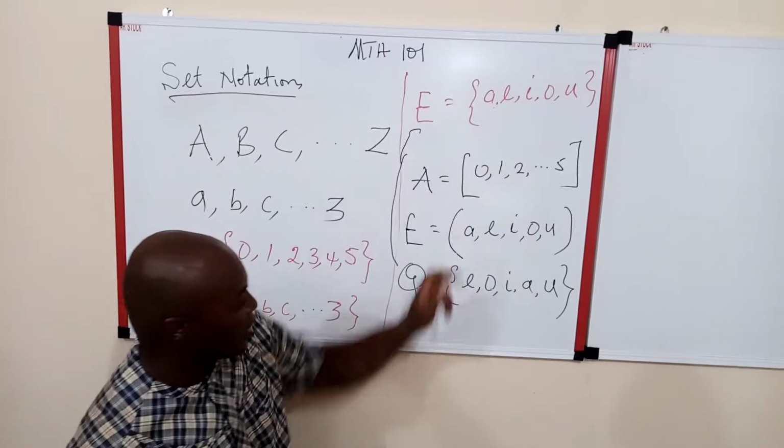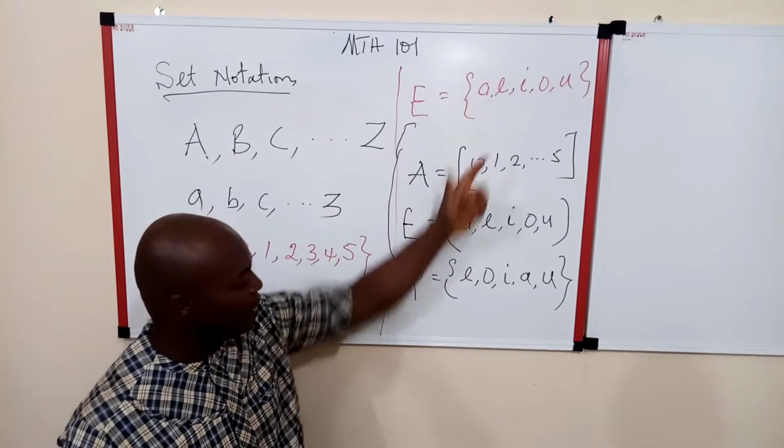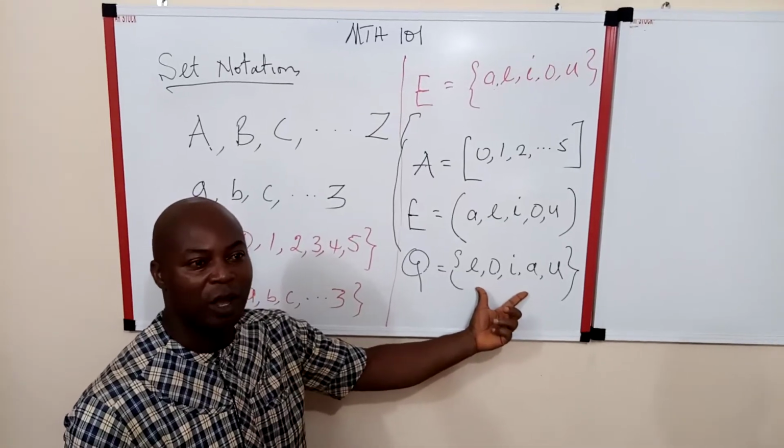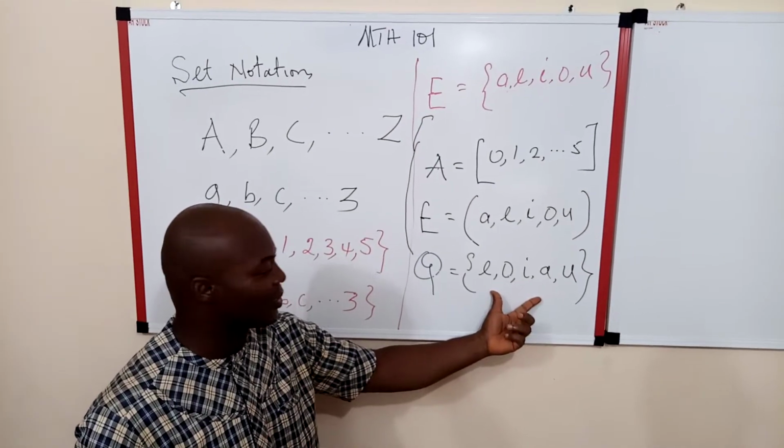E is here because it's a collection of all the vowels. And this one, if you look at it properly, is also a collection of the vowel letters.